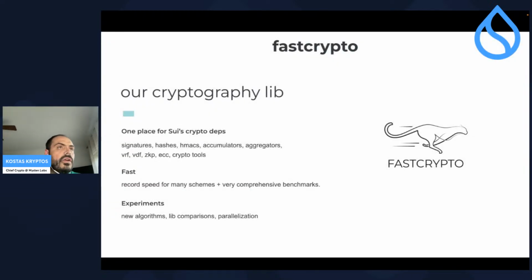Okay, so very quickly, Sui is using Fast Crypto, right? A lot of people sometimes are asking, do you implement everything from scratch? We are using some of the best and fastest software out there. And Fast Crypto is a Rust-based library. And as you know, Sui's programming language is Move.